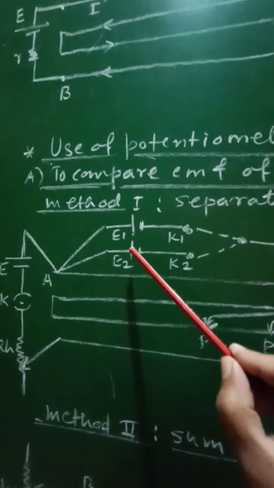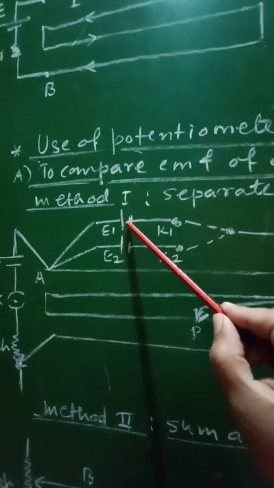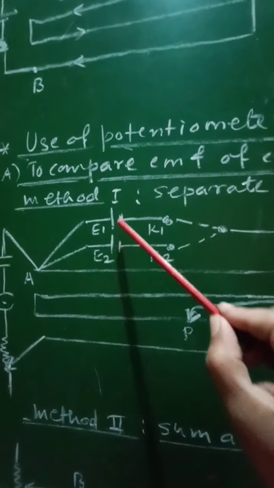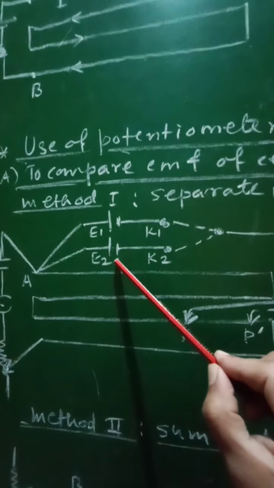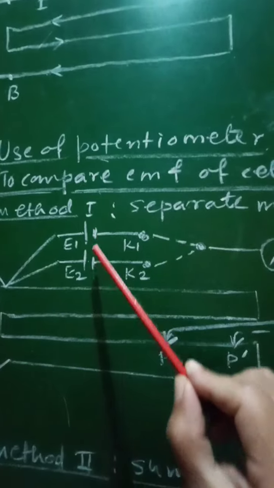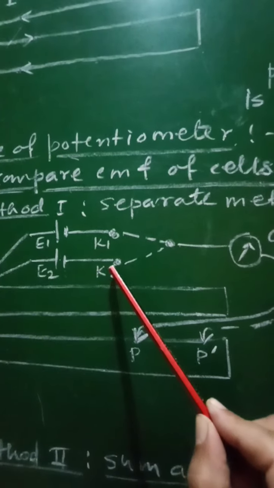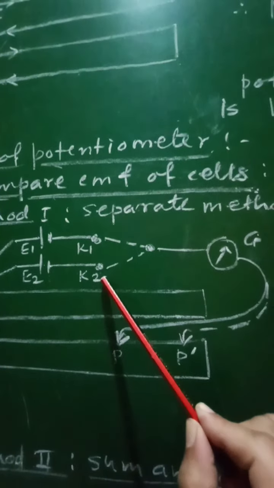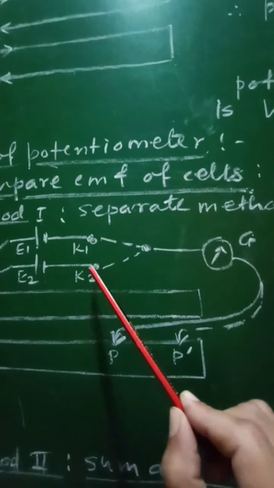Here we have to compare the EMFs of these two given cells E1 and E2. While negative terminals of these E1 and E2 cells will be connected to K1 and K2, that is a two-way key.